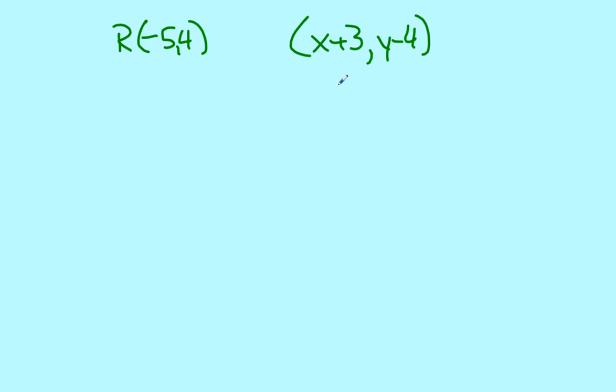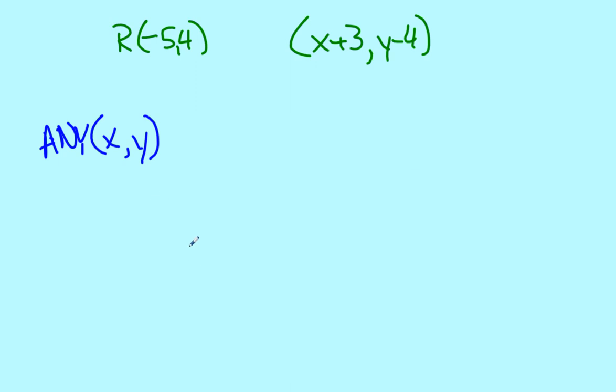Point R, our pirate point, is at -5, 4. What would it be if we translated it x plus 3, y minus 4? Now this one sounds stupidly complicated, but really this is about as simple as it gets. Any coordinate point will always look like x, comma, y.